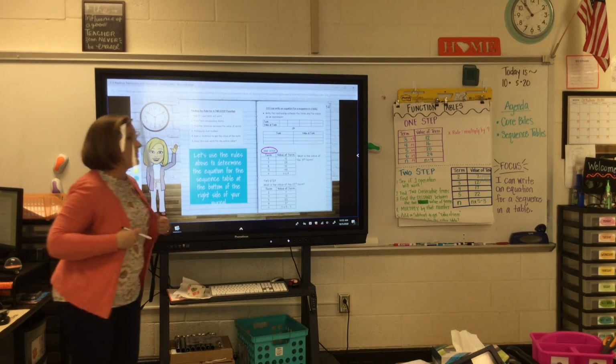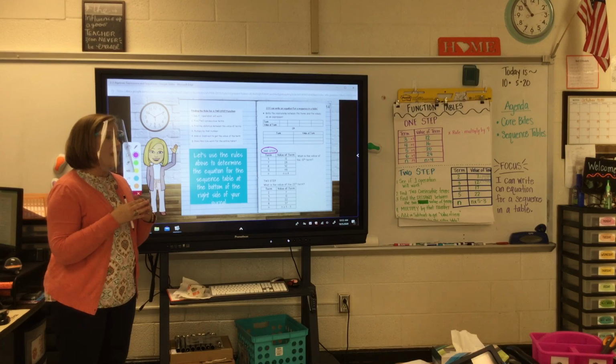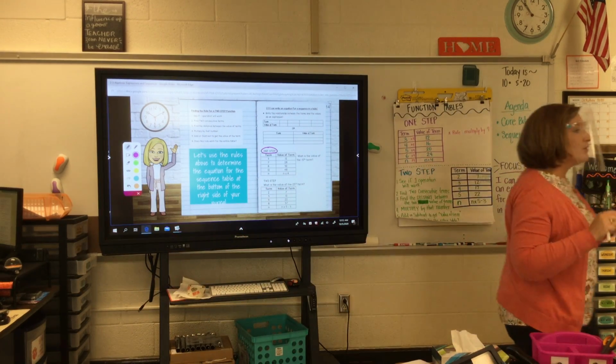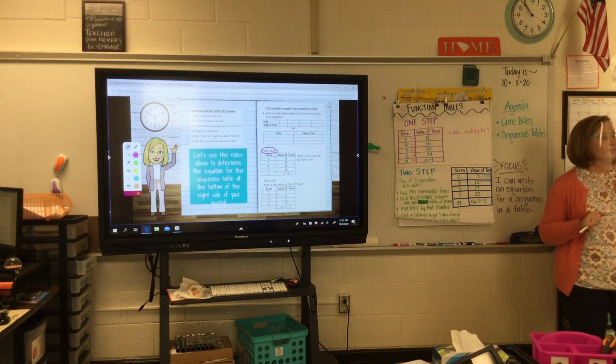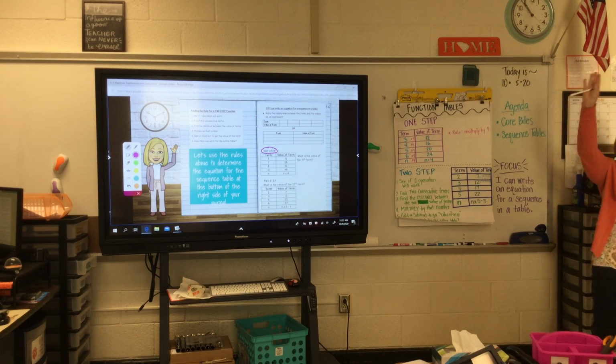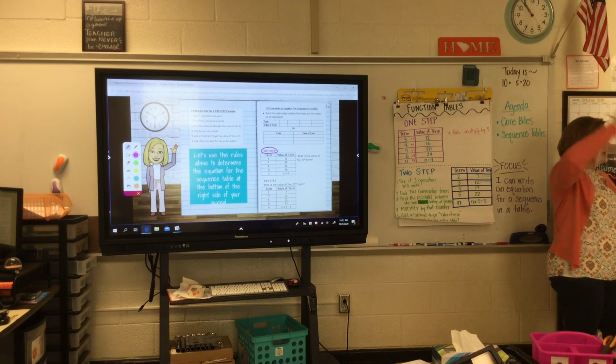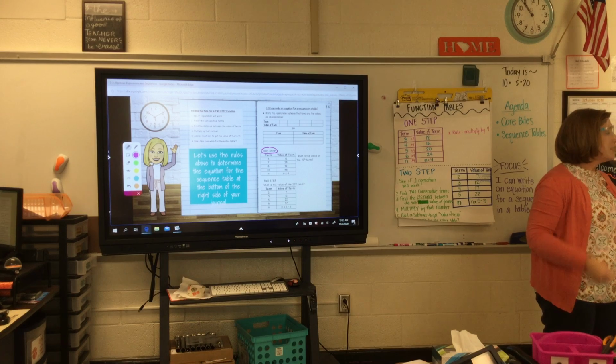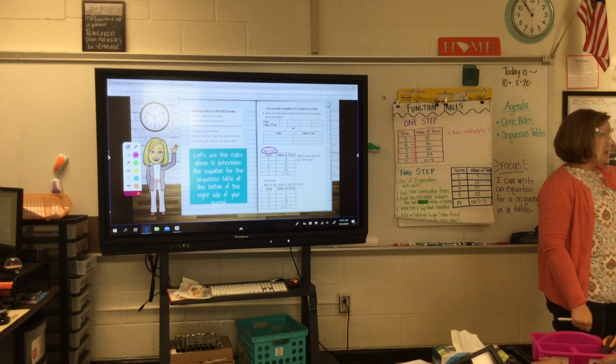Right here, okay? So we've got to figure out how to get from 3 to 12. How many people remember doing an in and out table like this? You're given a number and you got to figure out how to get to the value, how to get to the number on the right. You've done this before, okay?